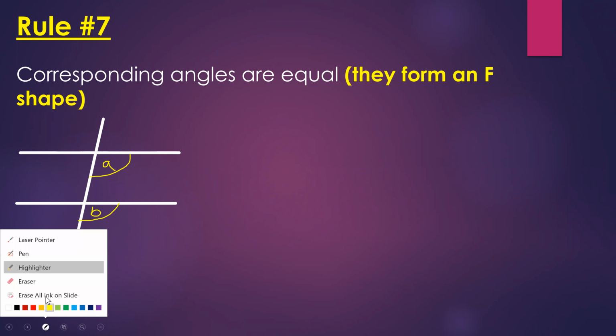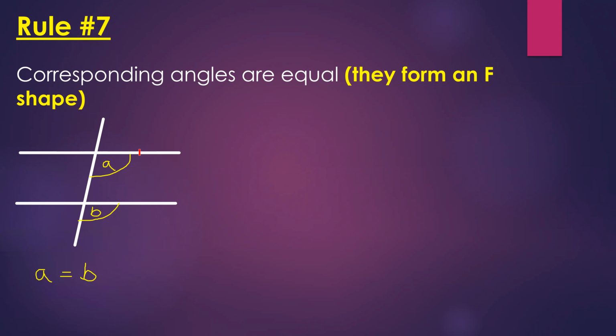Let's use a different color. Let's use red. So here's the highlighted red F shape. Go there, come down, come down. That's the highlighted F shape all the way here. So they form an F shape. That is the corresponding angles. Everyone could see the F shape?